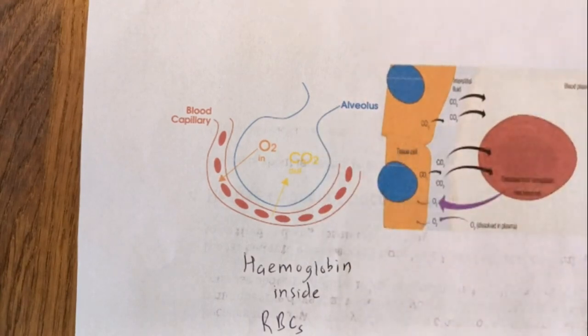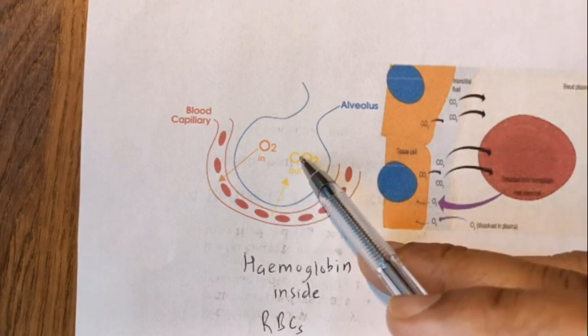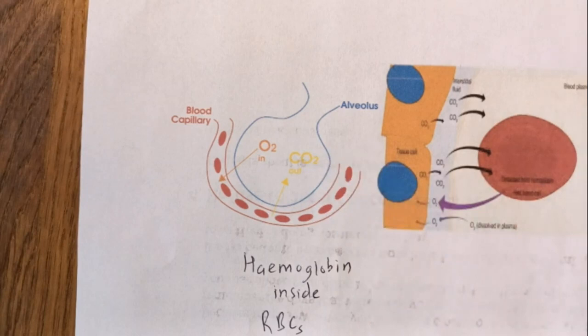Now this is a continuous process, and respiration is so important that if we cannot get proper oxygen even for a few minutes, then we can die. If we cannot exhale carbon dioxide for some time, we can die.